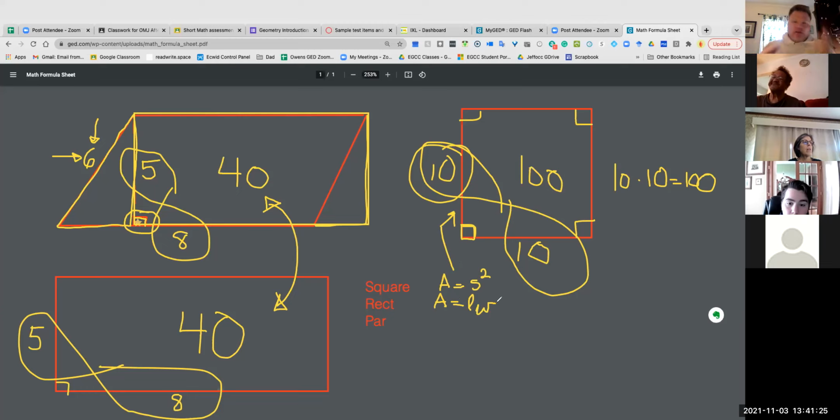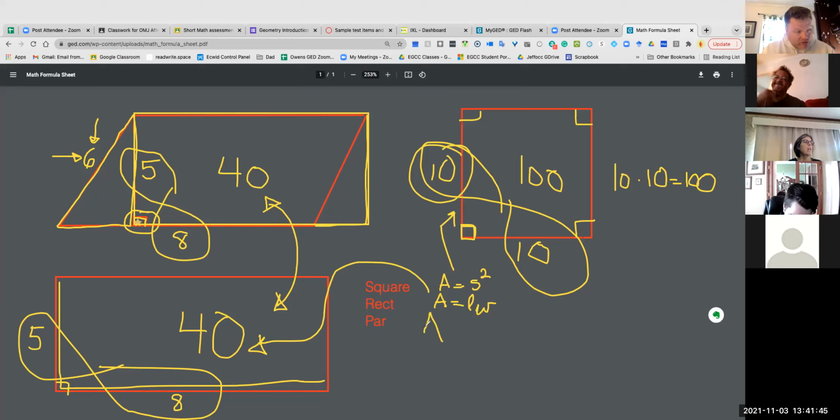Because when you multiply, you could flip the numbers. 3 times 2 and 2 times 3 both equal 6. So I'm going to call this the length, and I'm going to call this the width. We just multiply them, and this is specific to rectangles. For parallelograms, it's going to say A equals BH.